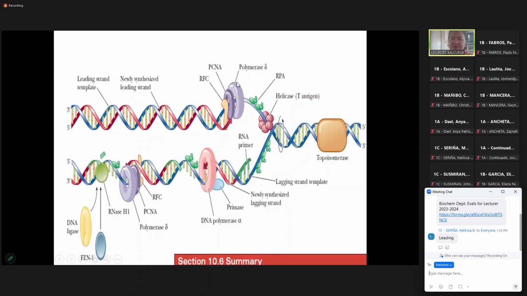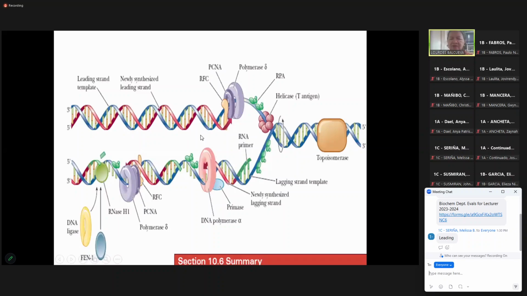What is processivity? Processivity means continuous synthesis of the DNA molecules, from here to there, continuous. If there is no processivity, then after one nucleotide is synthesized, it will be released from the chain.